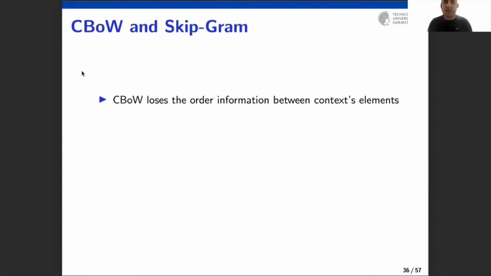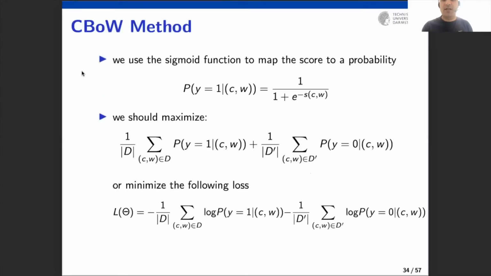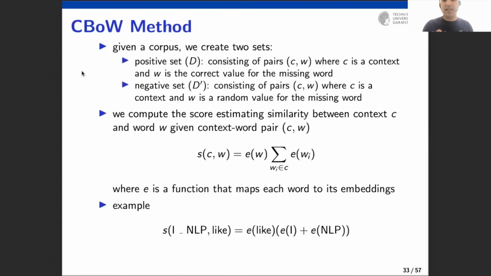Continuous bag of words loses the order information between context elements. Why is it so? Because the way that we calculate the score is that we multiply the embedding representation of the given word by the sum of the word embeddings in the context.